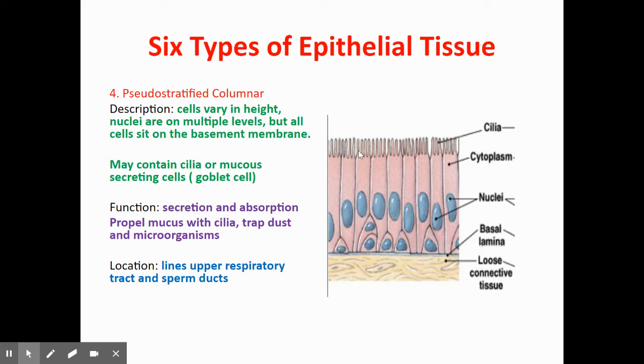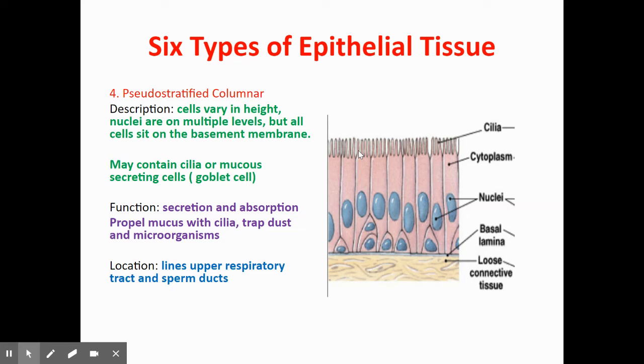So there is a purpose to that. The main part of the body you're going to find this type of tissue in is the upper respiratory tract. So the lining of your lungs, your trachea, larynx, and nasal passages are all lined with these type of cells.